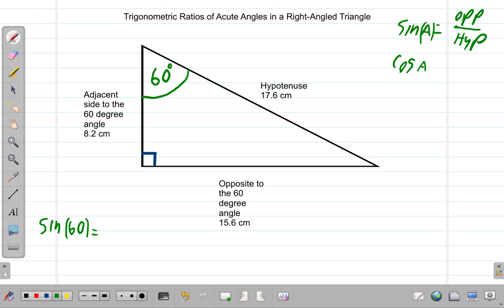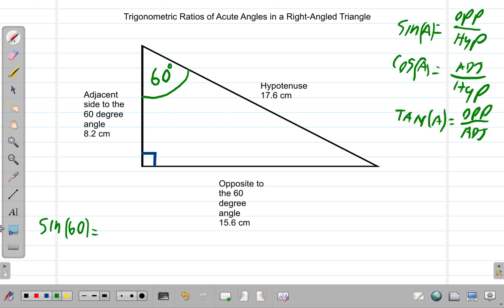The cosine of the angle A is the length of the adjacent side divided by the length of the hypotenuse. And the tangent of the angle A is the length of the opposite side divided by the length of the adjacent side. So sine is opposite over hypotenuse, cosine is adjacent over hypotenuse, tangent is opposite over adjacent.